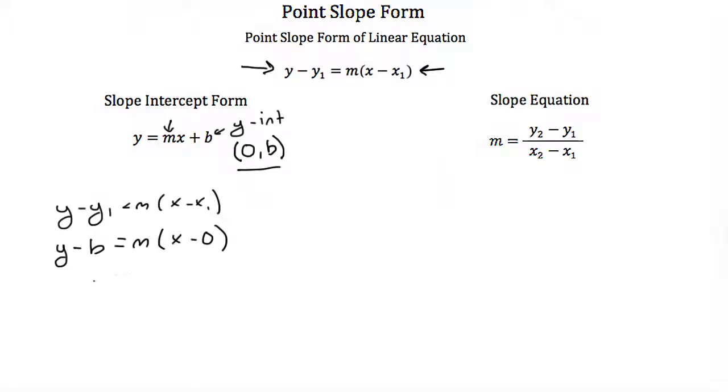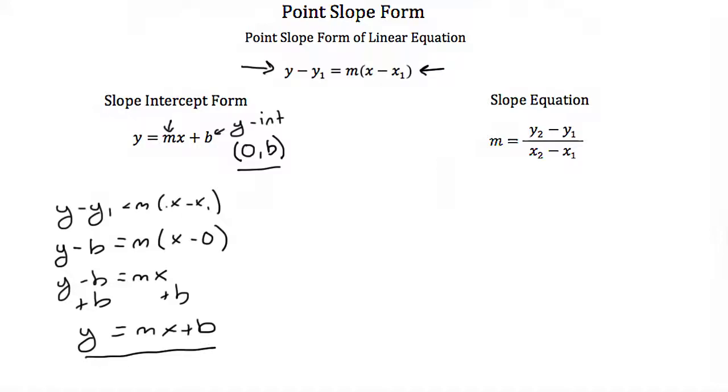Well, x minus 0 is just x, so we get y minus b is equal to mx, and if I add b to both sides, I'm going to get y is equal to mx plus b. So that's how you go from your point-slope form to your slope-intercept form.